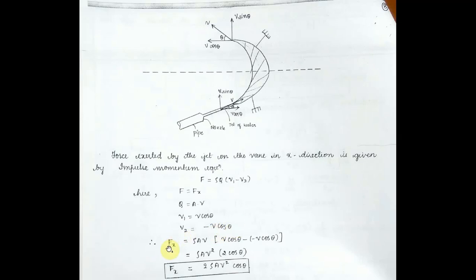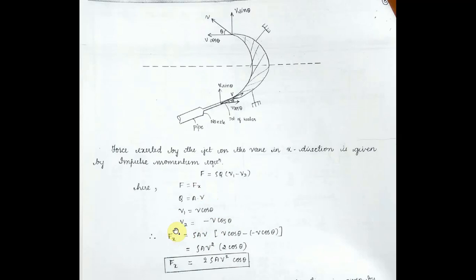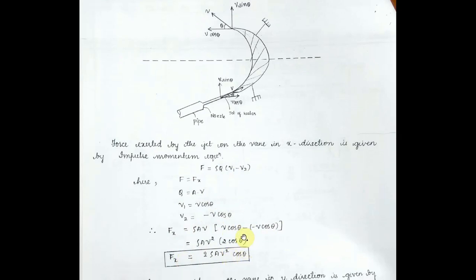Okay. Therefore the force in the x direction is rho into a into v. Putting these values in this equation, v1 is v cos theta and v2 is minus v cos theta, that becomes rho a v square cos theta. Therefore Fx equals 2 rho a v square cos theta.